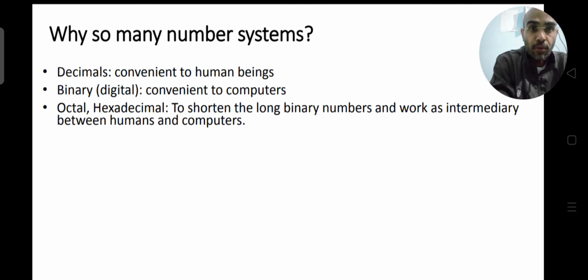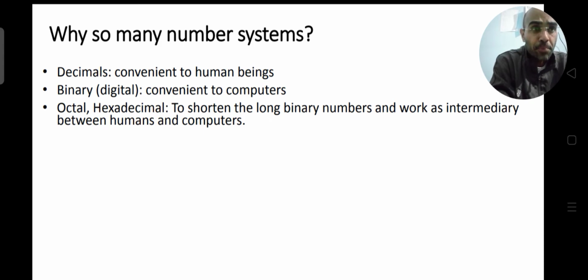It becomes very easy for human beings to handle these 10 digits. That is why we use the decimal number system as human beings.